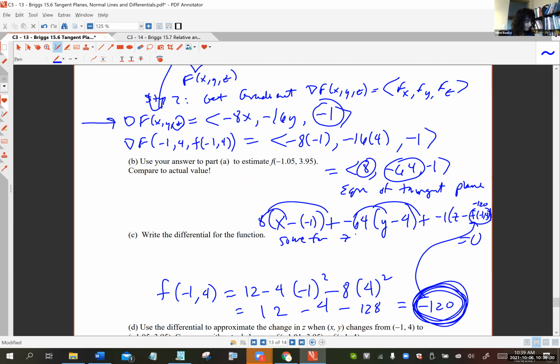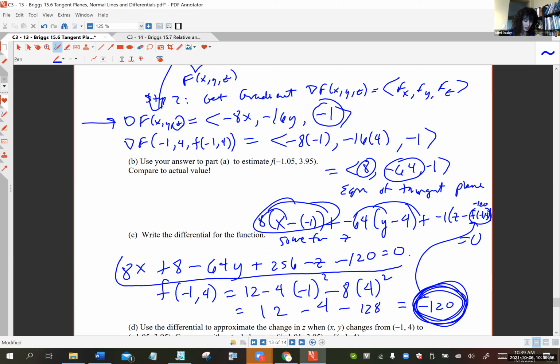When I distribute the 8, I get 8x plus 8, and then I distribute the minus 64, I get minus 64y, minus 256 since 64 times 4 is 256. Then I get a minus z, and then a plus 120 equals 0. There's the equation of the tangent plane.